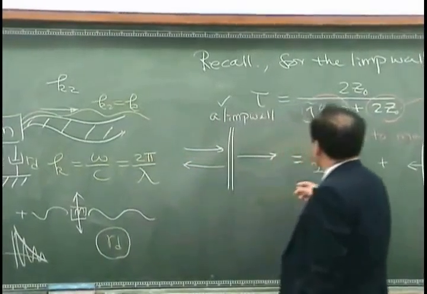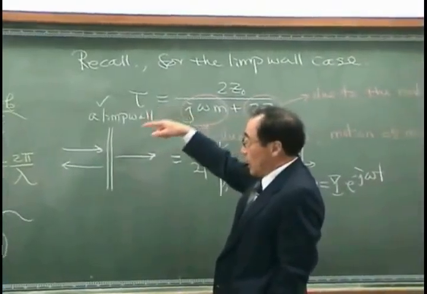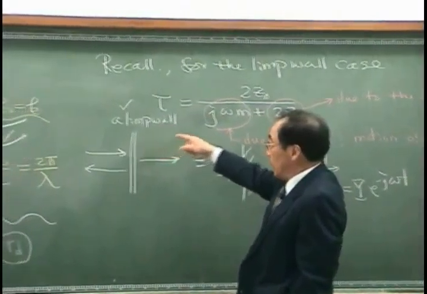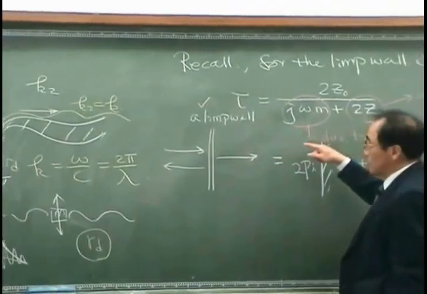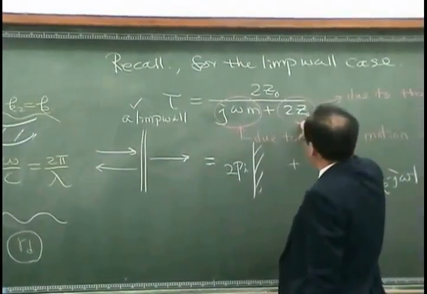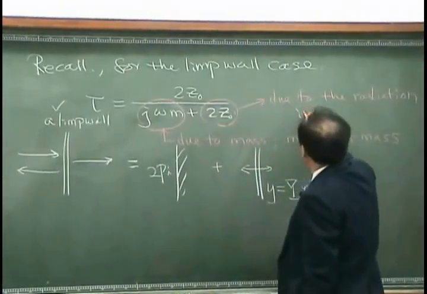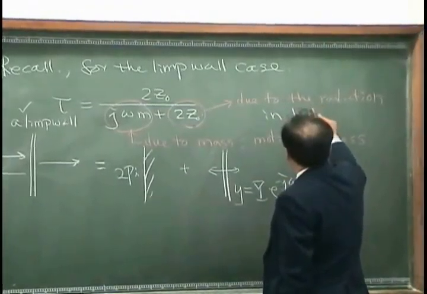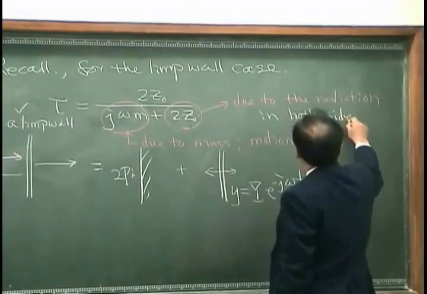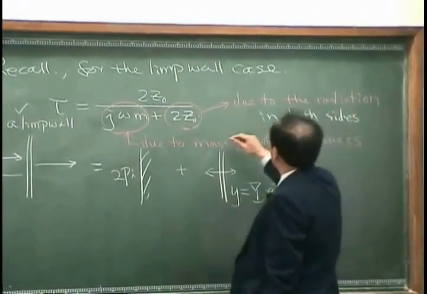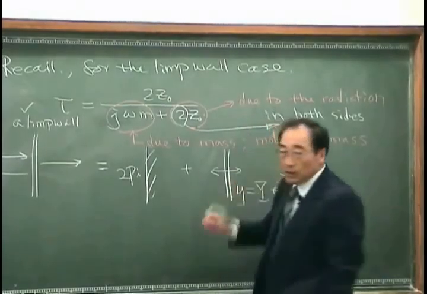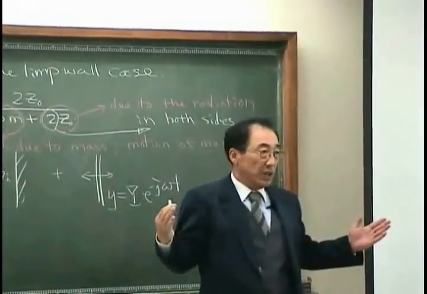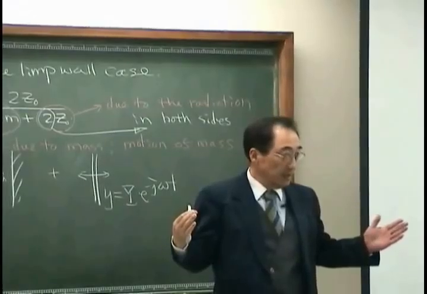Anyway, I will go back to the picture I made over here. Okay. Therefore, what I can say is that due to the radiation in both sides, the reason why I have 2 is because this is radiated in both sides. Okay.